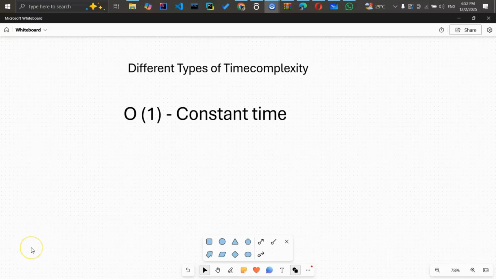O(1), constant time. This is the easiest one. Even if your input gets bigger, your algorithm takes the same time. Think you look at a specific student in a class list by index. Examples: accessing an array element. We can represent it like this.